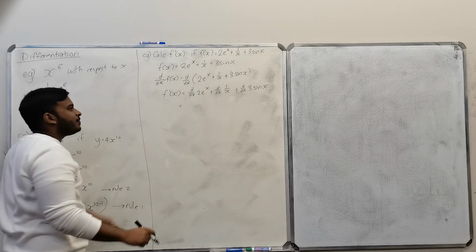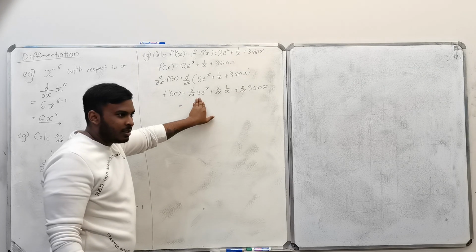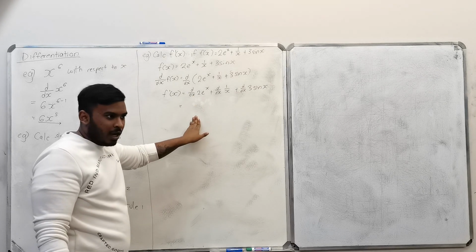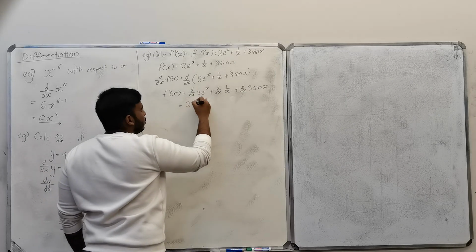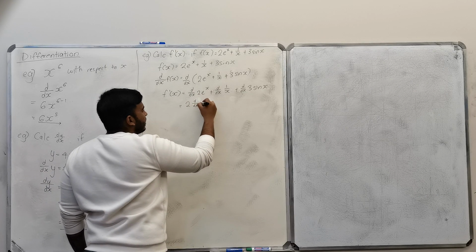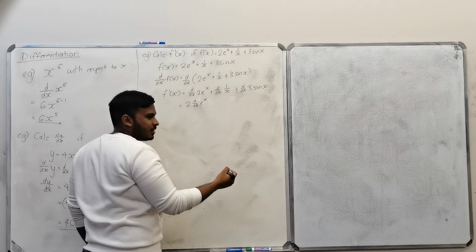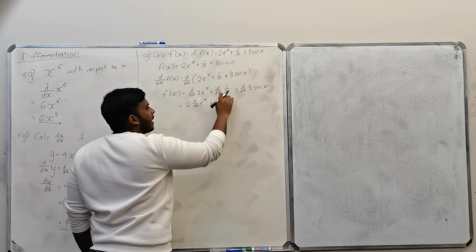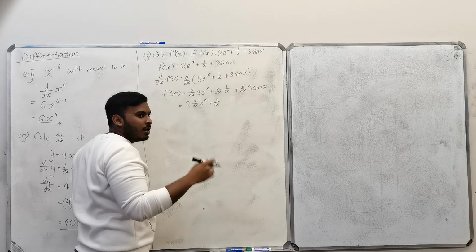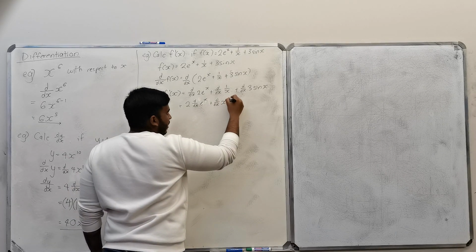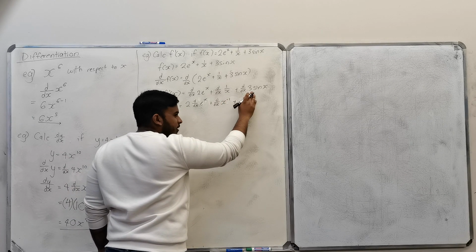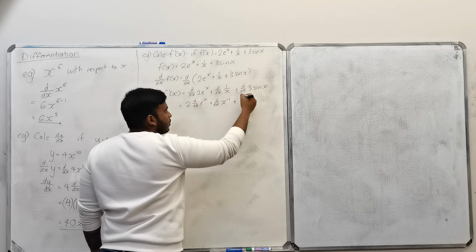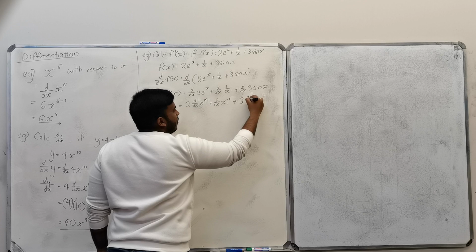You've got a constant being multiplied by a function, so take your constant out. So this will be 2 d over dx e^x plus d over dx of 1/x, which I can write as x to the power minus 1, plus, again a constant multiplied by a function, so take your constant out, 3 d over dx sine x.